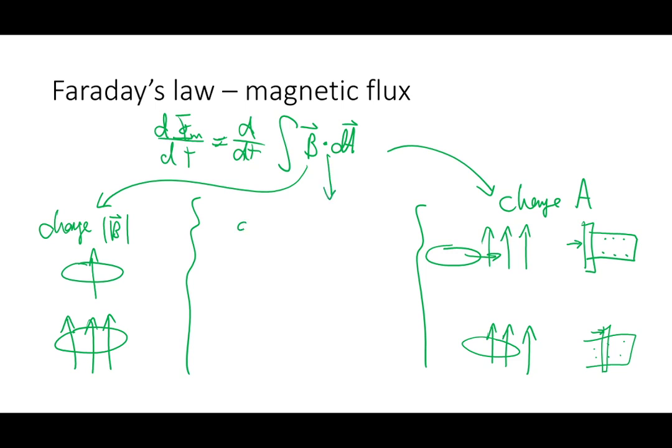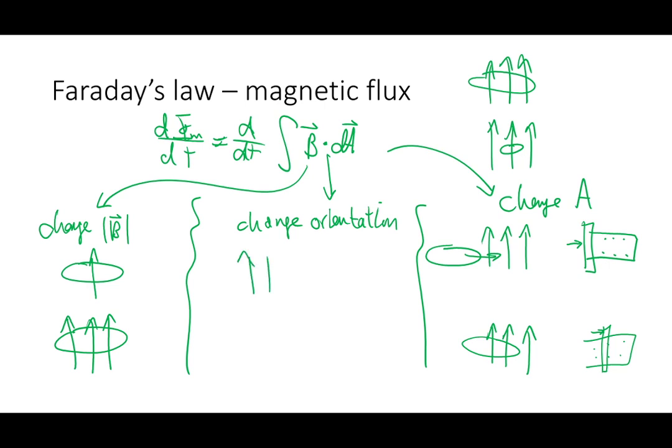You can also change the orientation. Oh, you can also change the area by actually just changing the area, like going to a smaller loop. I don't know how you do that, but that's possible. But you can also change the orientation. Have it going flat, then have it going a little bit tilted. Same area, different orientation.